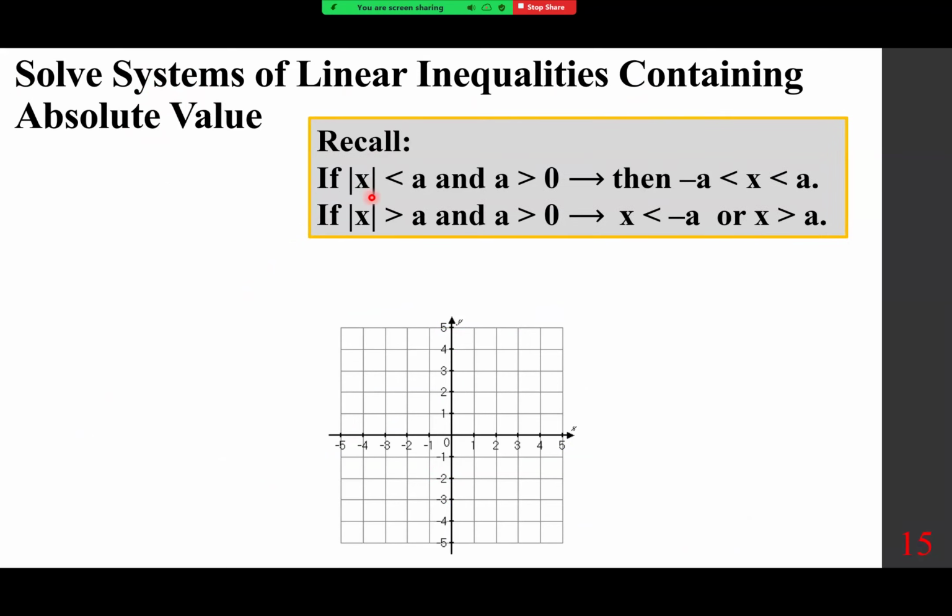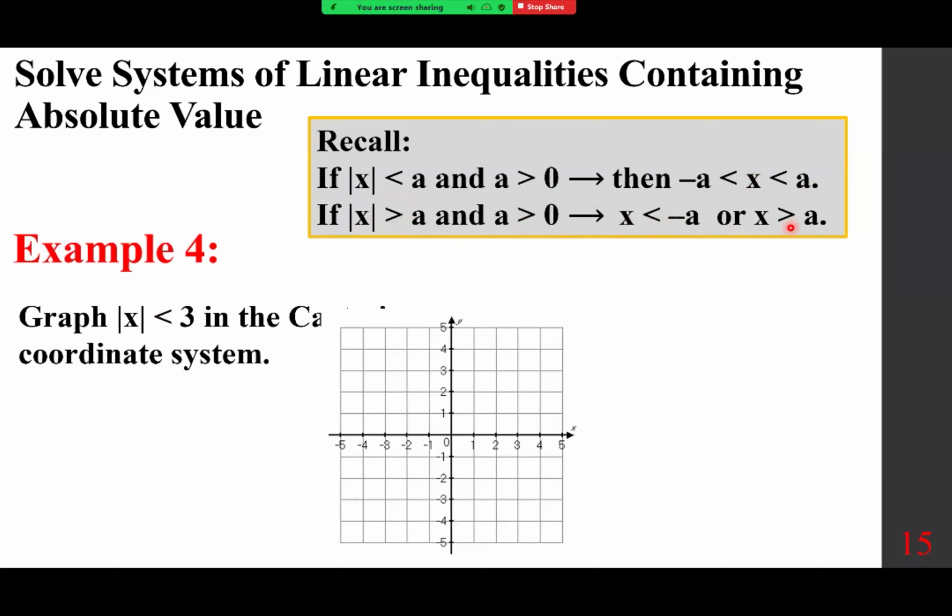Recall, if the absolute value of x is less than a and a is positive, larger than 0, then x is sandwiched between negative a and positive a. If the absolute value of x is larger than a and a is positive, then x is either less than minus a or larger than a.